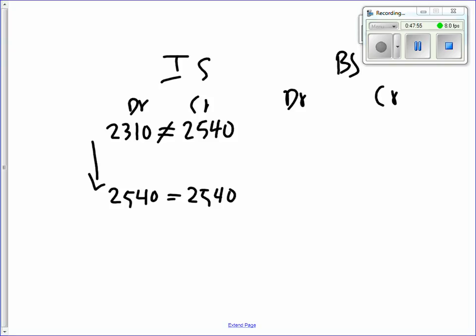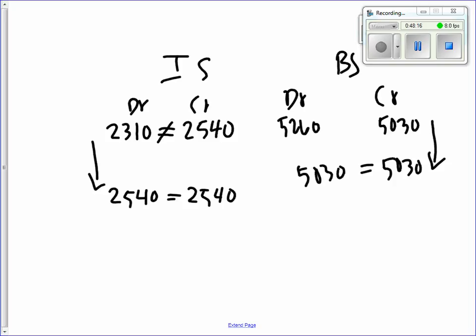On this side, what was our balance sheet debit? What was our balance sheet credit? We need them to equal, don't we? There's a missing factor here. Was it 230? Plus 230 here will get them to equal. I see a debit somewhere. This one has to be the credit, but that forces those to equal.